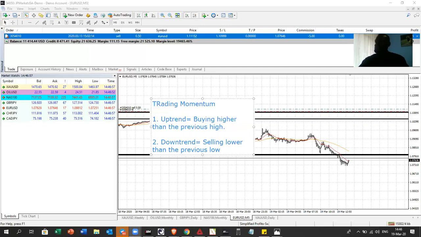We can ride momentum for days and weeks, even months on a long-term basis. So momentum, baby, it works on all time frames. And yeah, some might call it a breakout strategy. I call it my momentum play.